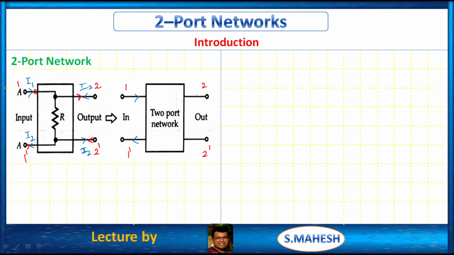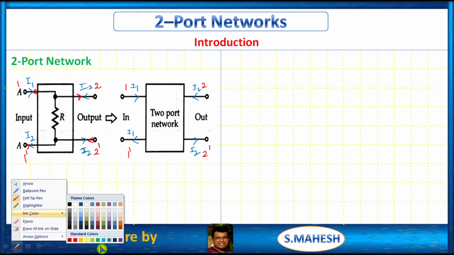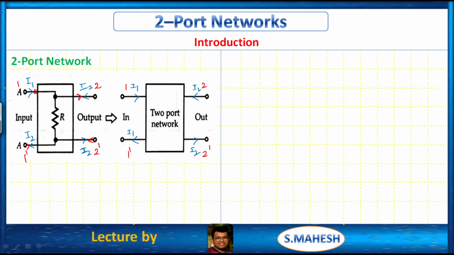This is entering, this is leaving. This is I1, this is I2. Then what about voltage? The voltage across the input terminals is V1, and the voltage across the output terminals is V2.